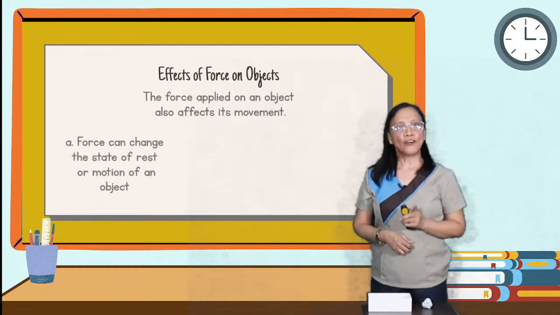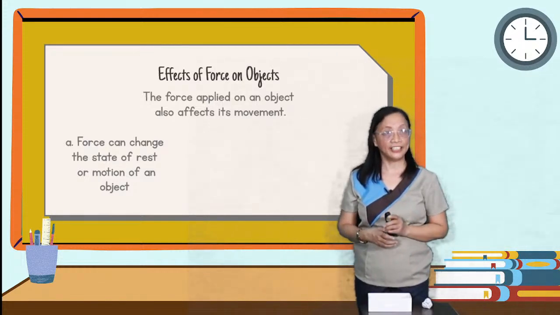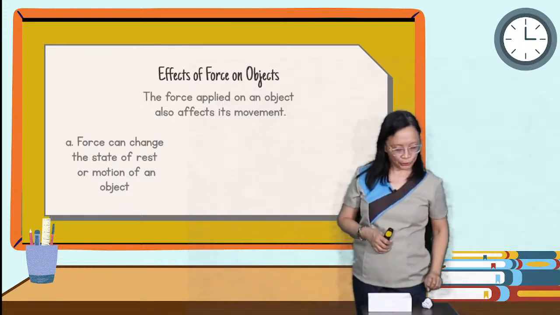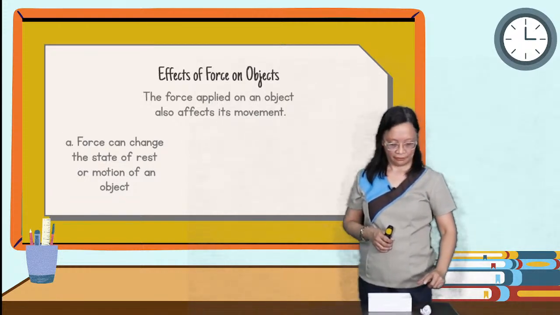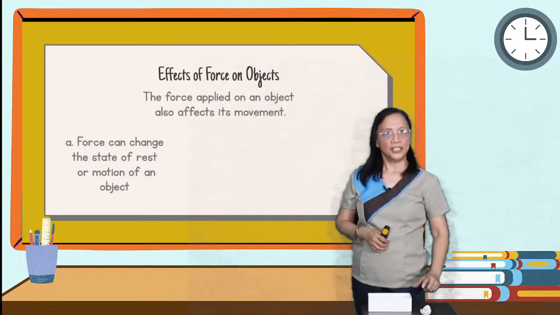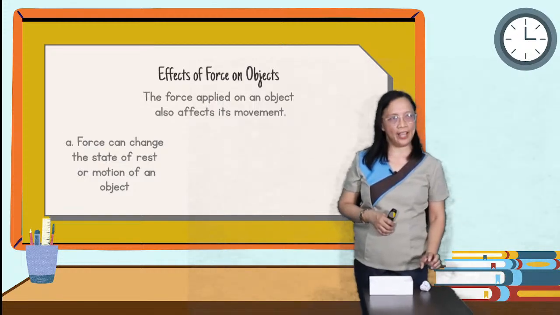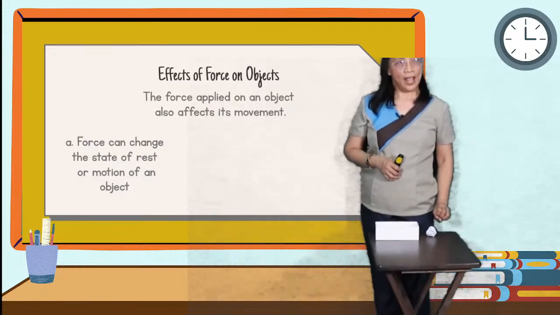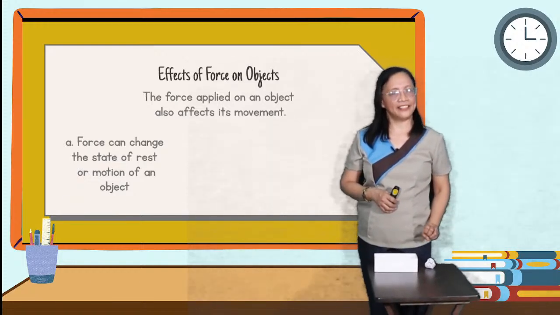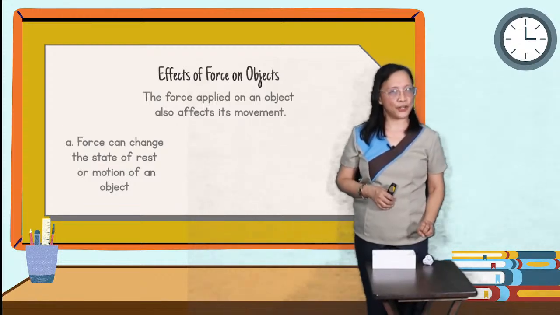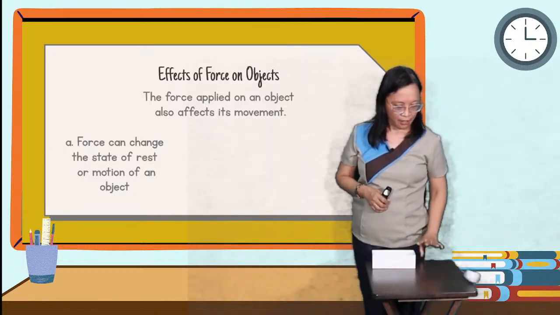Next, force can change the state of rest or motion of an object. Take a look at this. When I push gently the paper, it will just move near to me. But when I applied a greater push on the crumpled paper, let's see what will happen, dear grade 4.